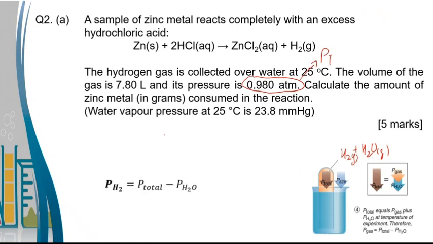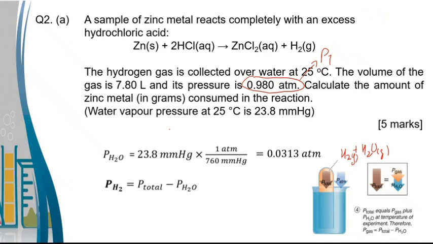So to get our partial pressure of hydrogen gas, we need to subtract the partial pressure of water vapor from the total pressure given. The partial pressure of the water vapor is 23.8 millimeter mercury.